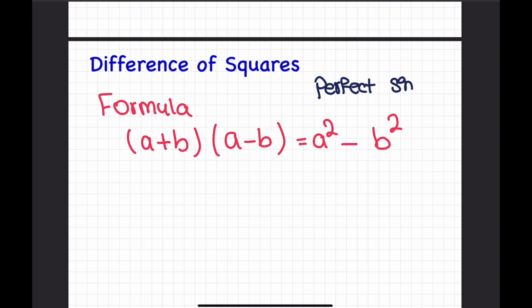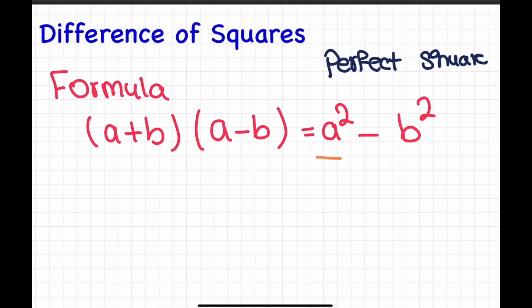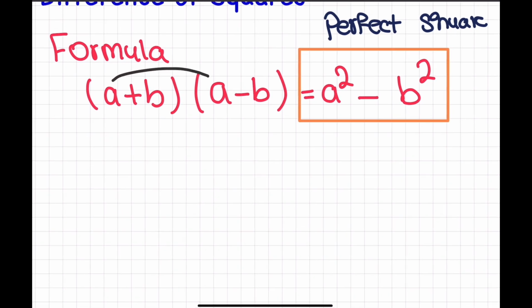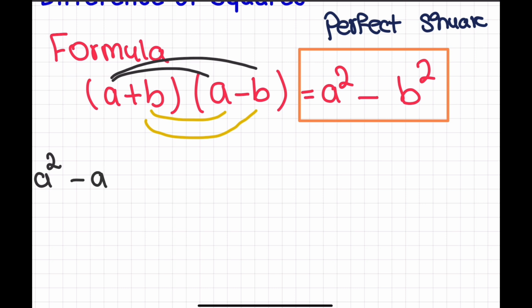Before you memorize this, let me tell you how we got this. Imagine we don't have the product here. We just have a plus b times a minus b. How we solve this is a times a, a times minus b, b times a, and b times minus b. So a times a equals a squared. A times minus b is minus ab.